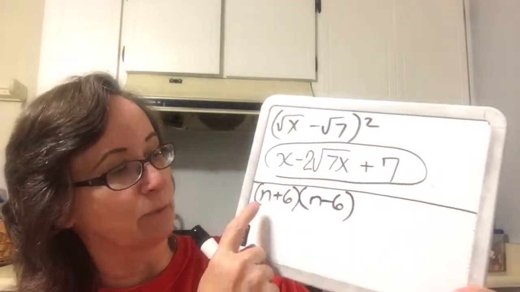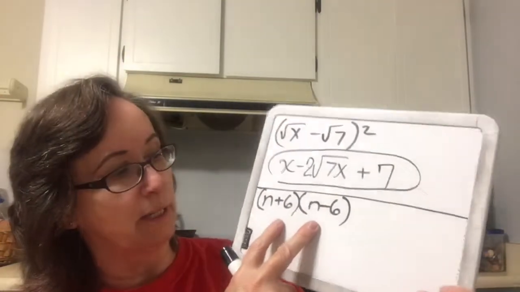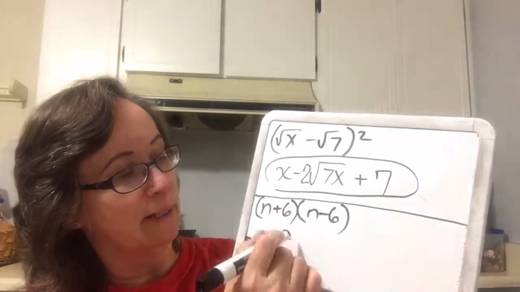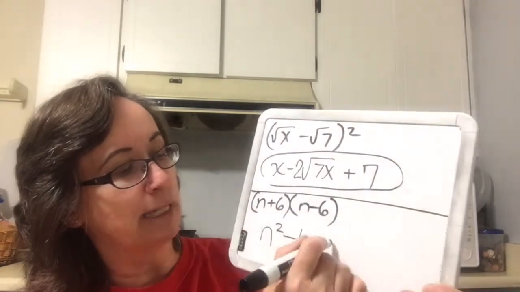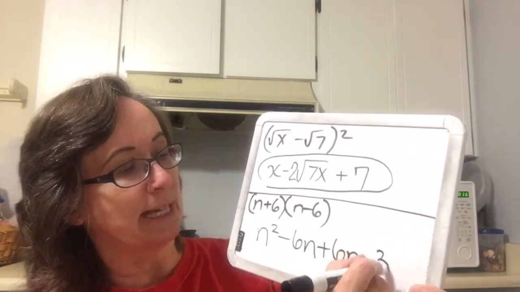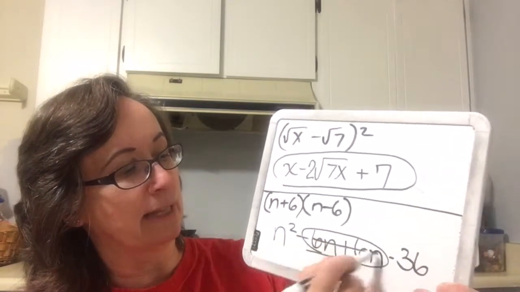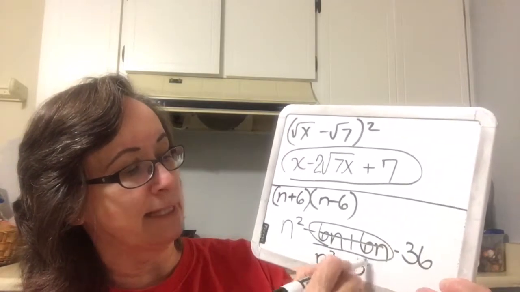And conjugates are when we have the same terms but opposite signs in between them. So when we FOIL it, we get the first is n squared, the outside is -6n, the inside is +6n, and the last is -36. The inside and the outside will cancel out, so we end up with n squared minus 36.